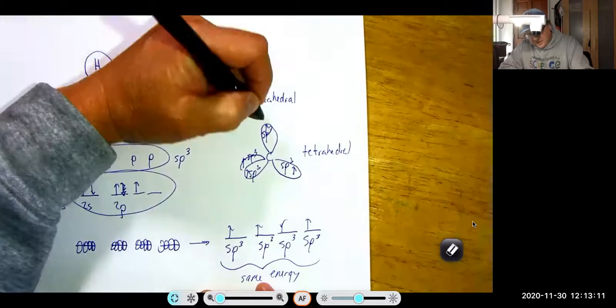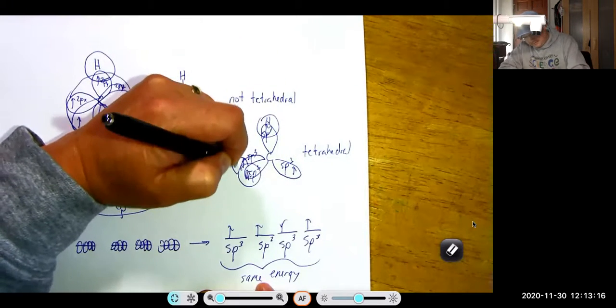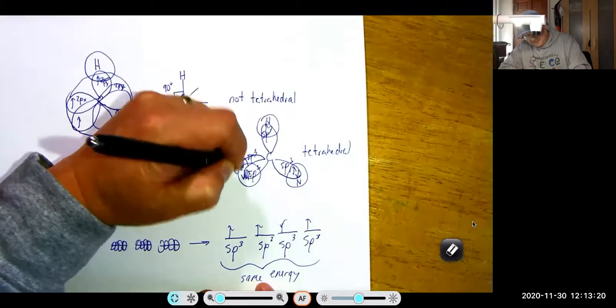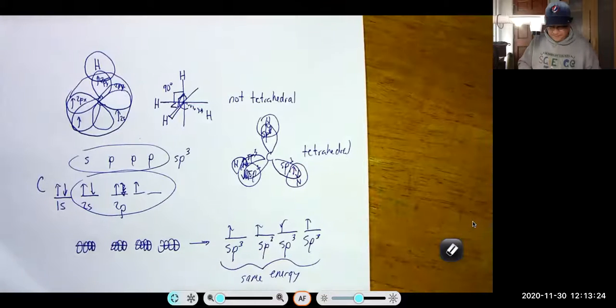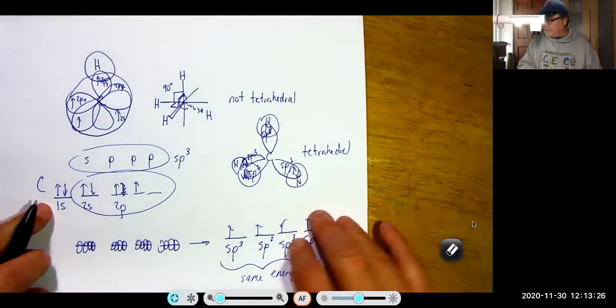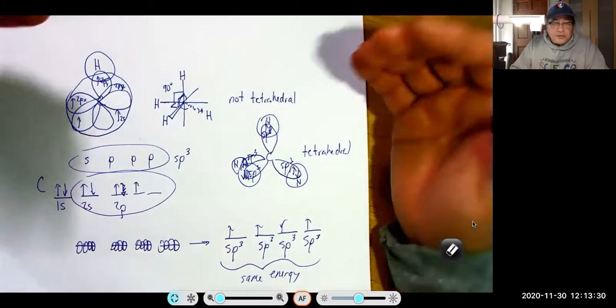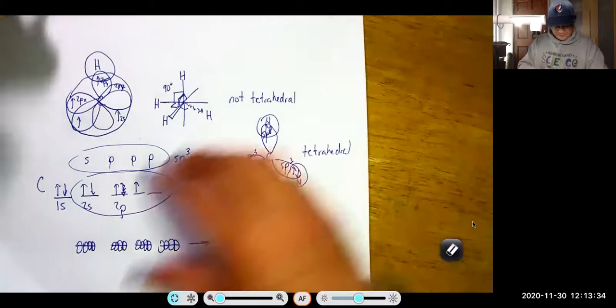So here's how the hydrogens bond. And that's valence bond theory. So valence bond theory is basically that valence orbitals can hybridize and form new orbitals.